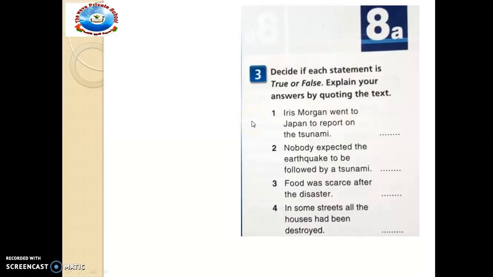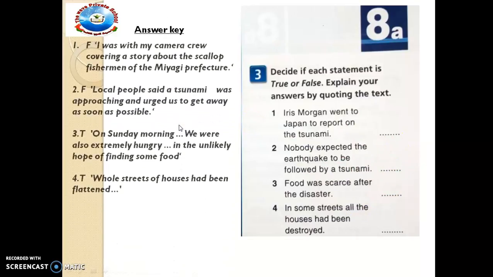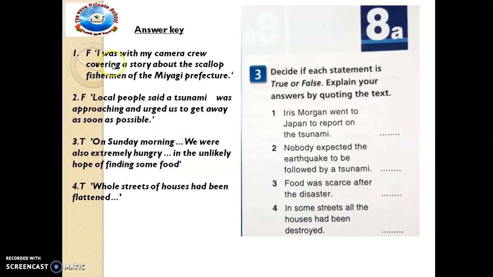You remember you have to read the text to get answers to this question, whether they are true or false. So number 1 is false, and that is the quote from the text. Number 2 is false, that is the quote from the text. And number 3 is true, that is the quote from the text.